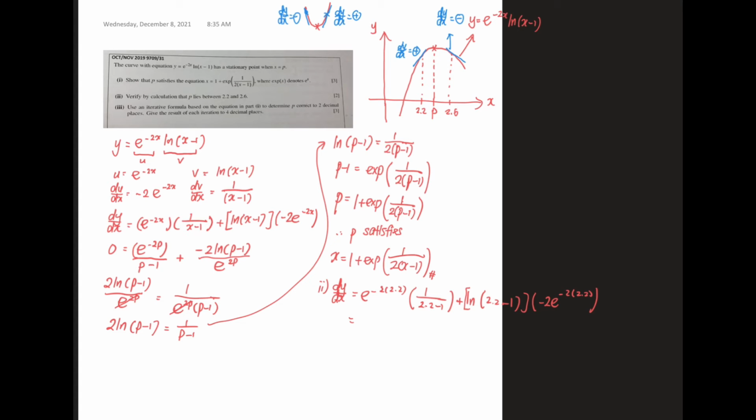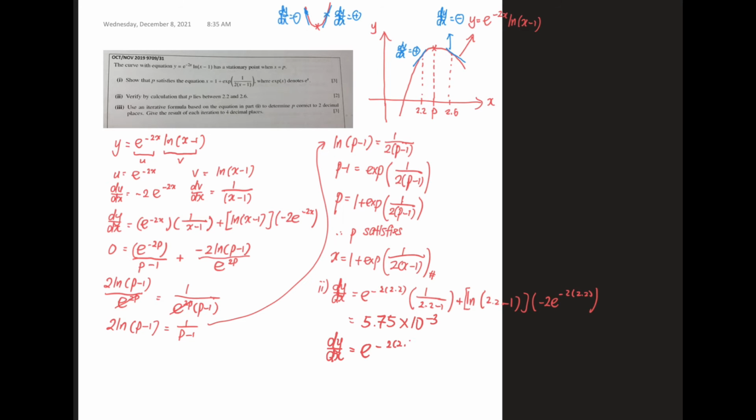So we get 5.75 times 10^-3. So now I substitute 2.6 into dy/dx.